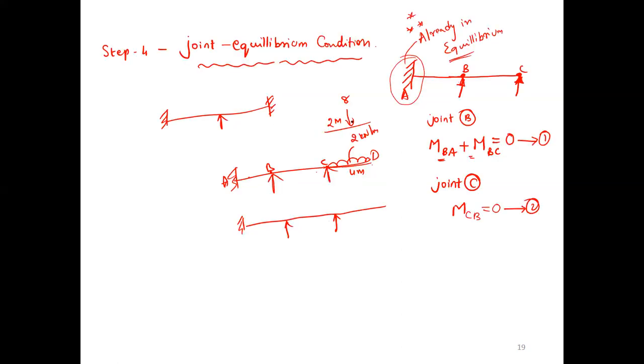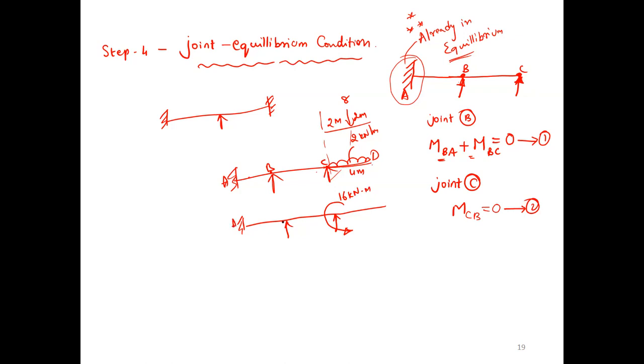Don't make a mistake; it is a very silly mistake. Which direction? Clockwise. The resisting moment is anti-clockwise, 16 kilonewton meter.